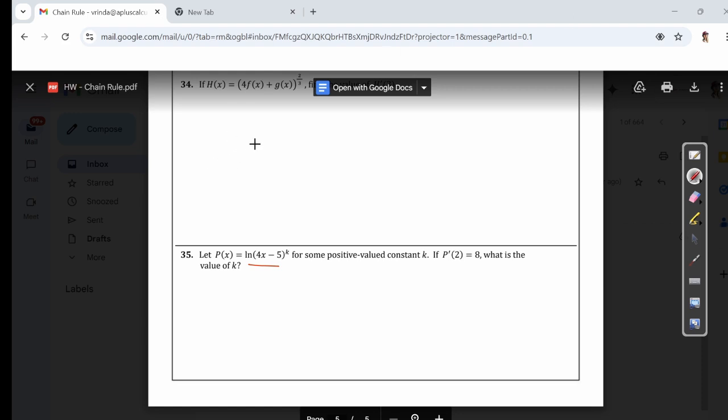So here you have three functions: f of x, g of x, h of x, and this is the case of f of g of h of x. Composition is happening three times. I'll tell you what is f(x), what is g(x), what is h(x). Now, Anika, if you get composition three times, then you'll just have to use the chain rule three times.